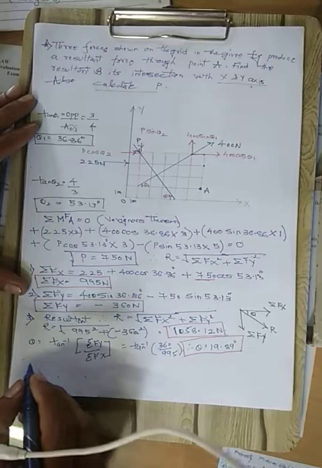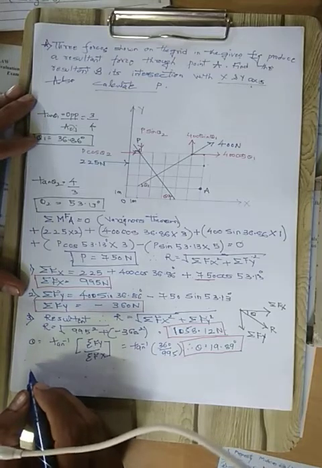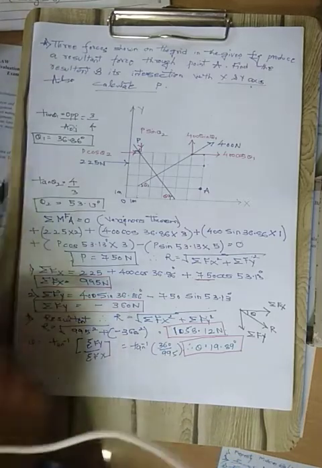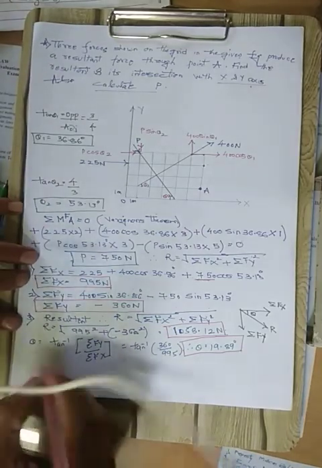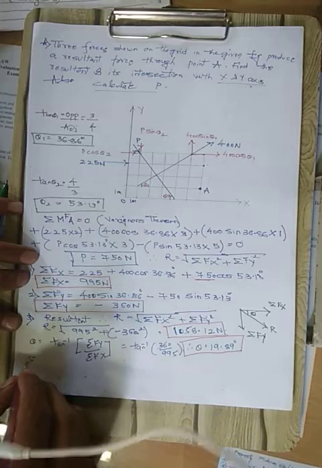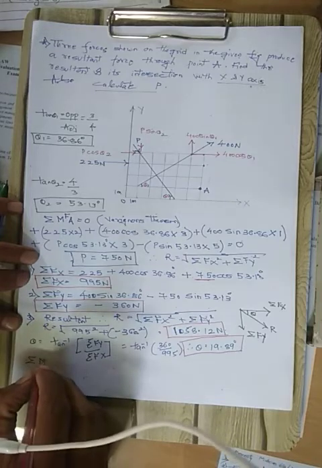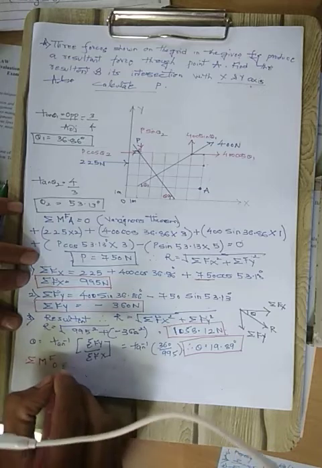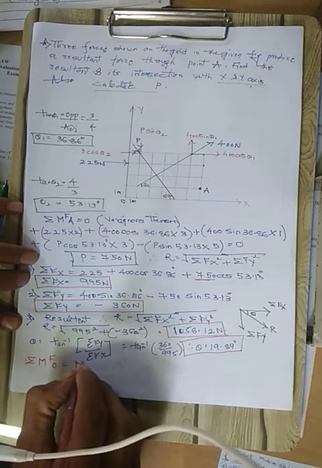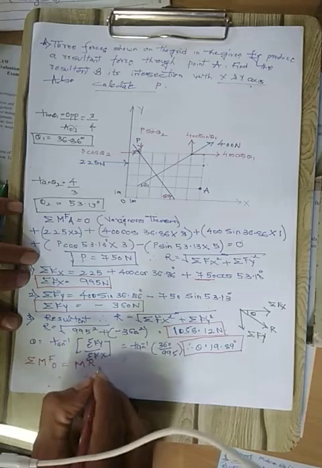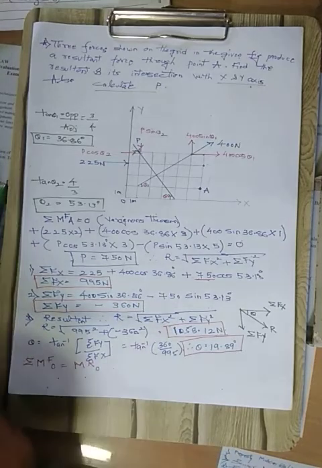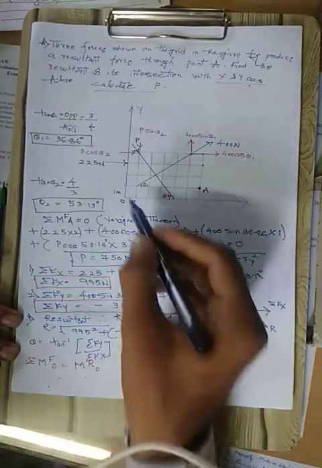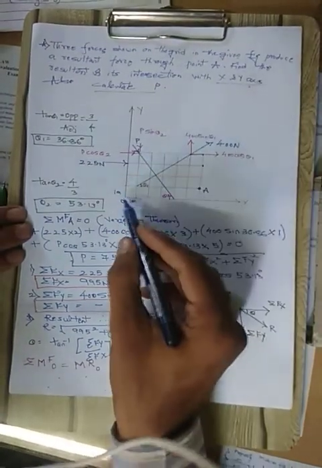What the theorem says: summation of moment of all forces at point O is equal to the moment of resultant at point O. So we have to take moment of all forces at point O.